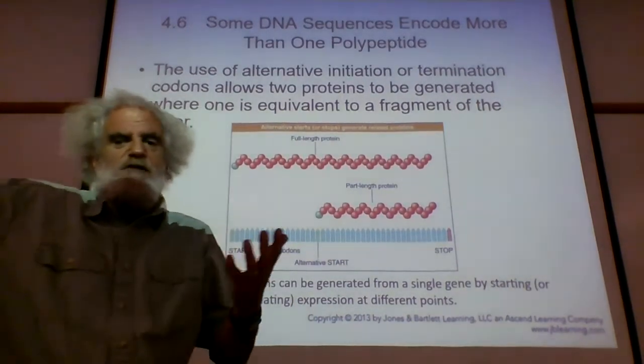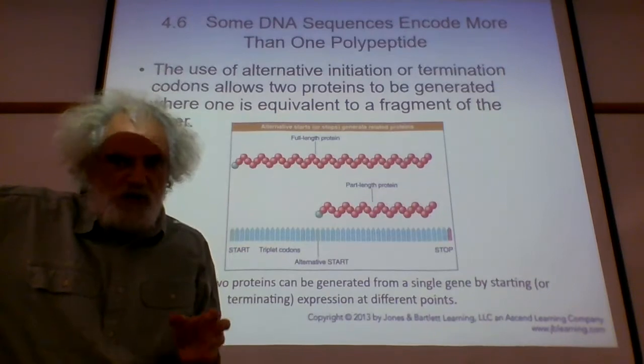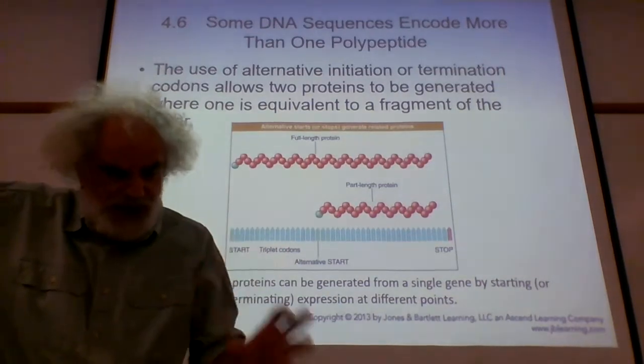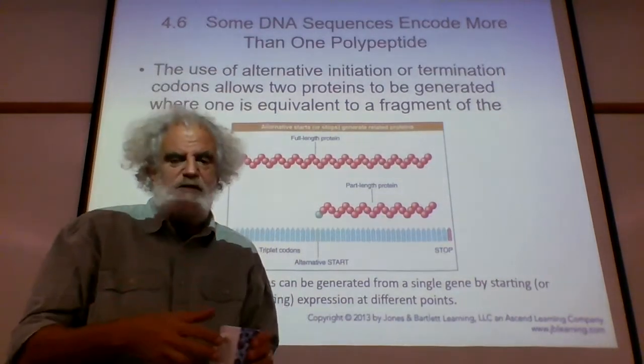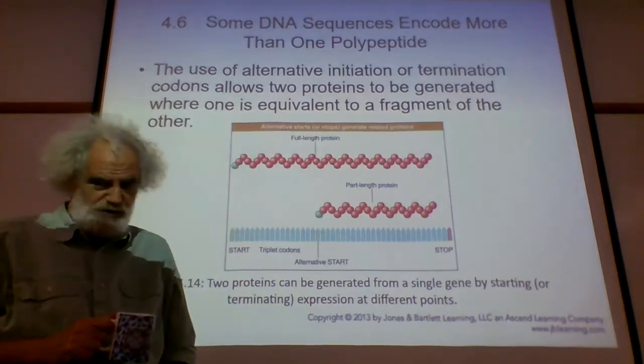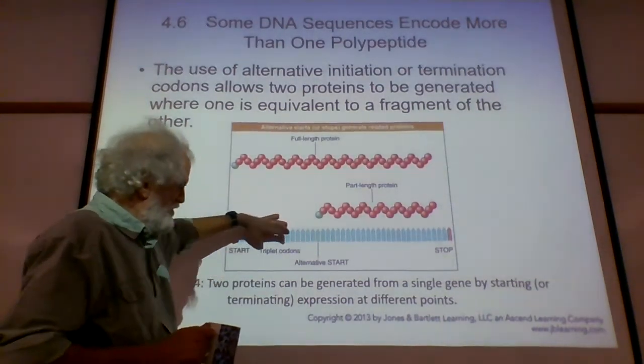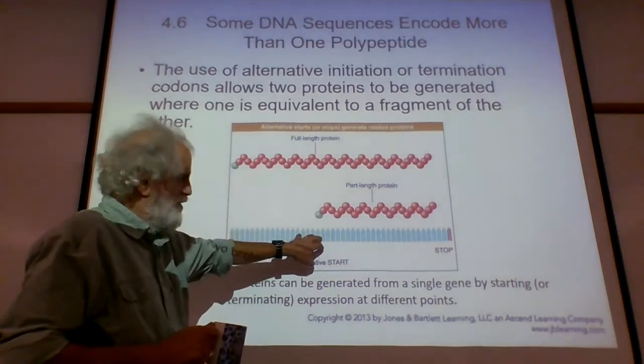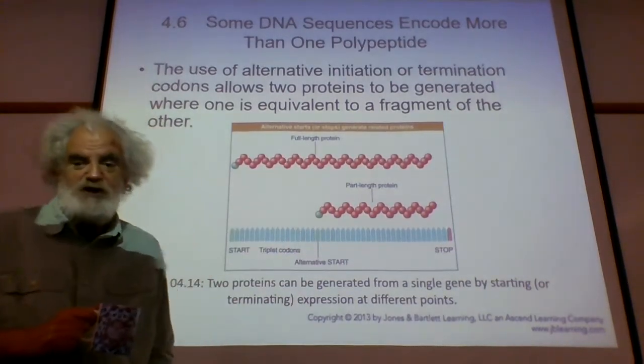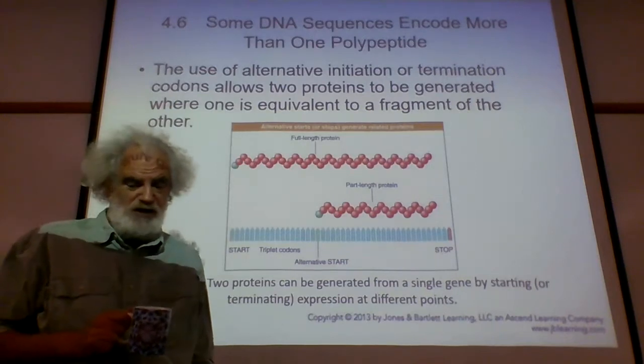Methionine, of course, is coded by the triplet AUG, and that is typically the first amino acid of the protein. There are going to be sequences that line up and say, all right, this is the appropriate RNA sequence for translation start.